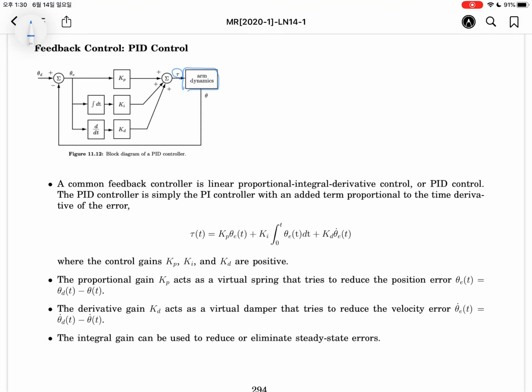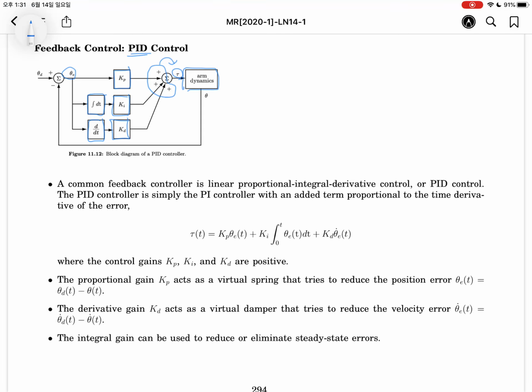Torque will be applied, composed of three things: the proportional error with the proportional gain, then the integration with the integral gain, and then the derivative with the derivative gain. By combining the three terms, we call it PID control.